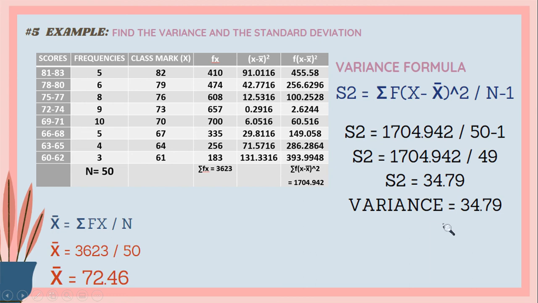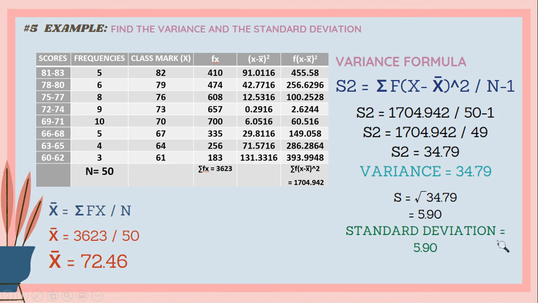So, our variance for this data set is 34.79. Then, find the standard deviation by finding the square root of our variance, which is the square root of 34.79, or 5.90. So, the standard deviation for this data set is 5.90.